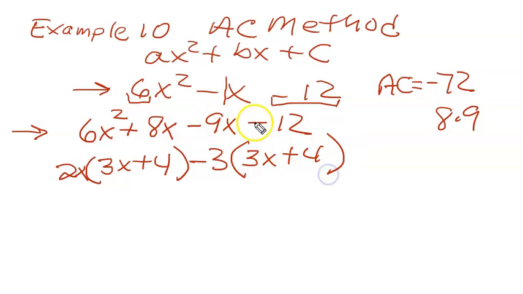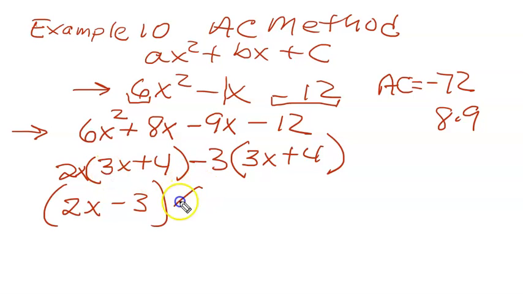Oh, that little trick of taking a negative out, that will reverse the signs. Now I go 2x minus 3 in one set of parentheses, or I could have written this one first, 3x plus 4, and I have factored this by grouping using the AC method that they're describing here.